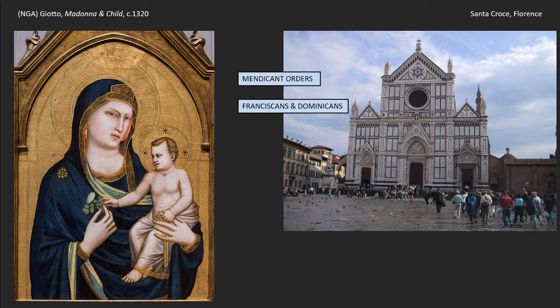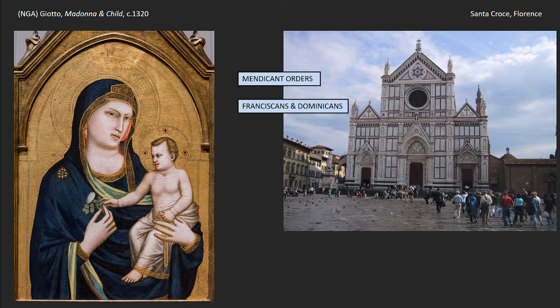The realism coming from France, enhanced by a new merchant class who's really interested in a realistic kind of art, and new religious practices, a new religious environment that also is focusing on realism. All of those things lie at the core of Giotto's change.